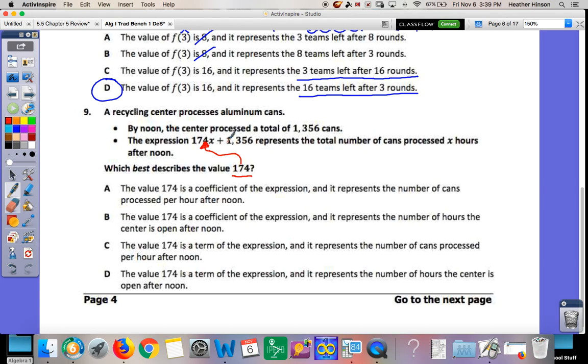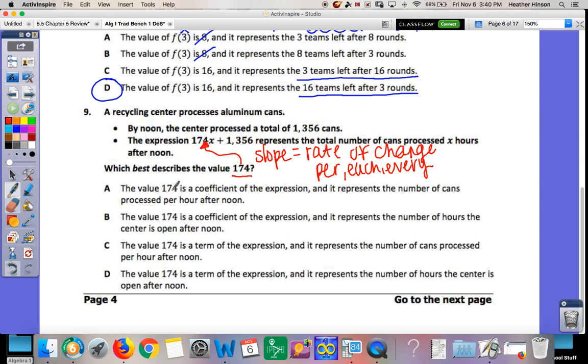What place is it in? Is it in the place of slope or y-intercept? It's in the place of your slope, which means this is your rate of change. So it's going to have one of those rate words. It's going to have per, each, or every.